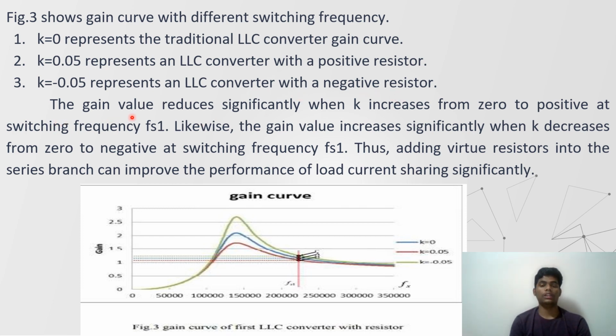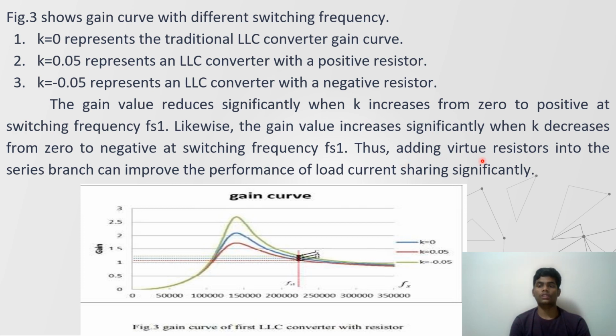The gain value reduces significantly when K increases from 0 to positive at switching frequency Fs1. Likewise, the gain value increases significantly when K decreases from 0 to negative at switching frequency Fs1.